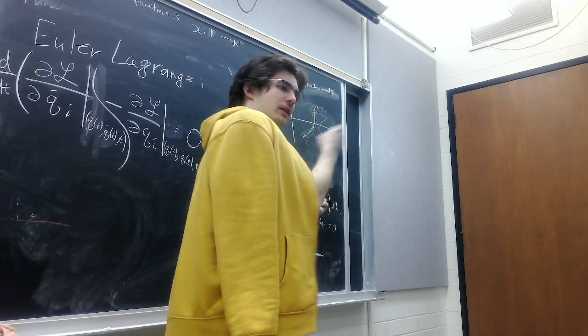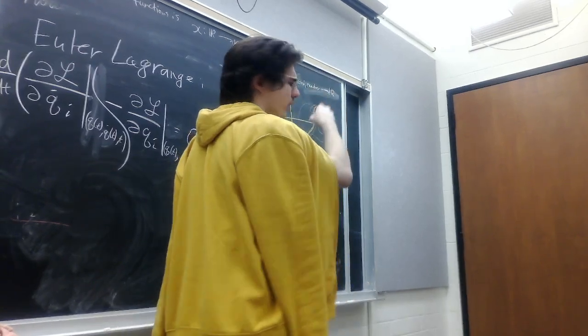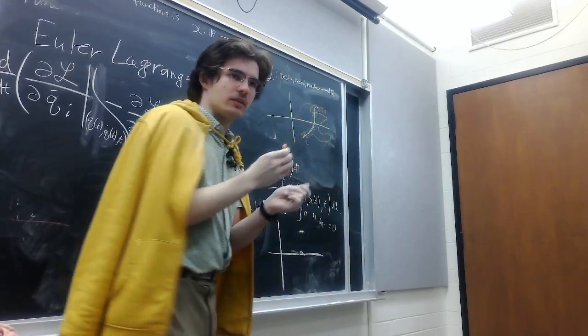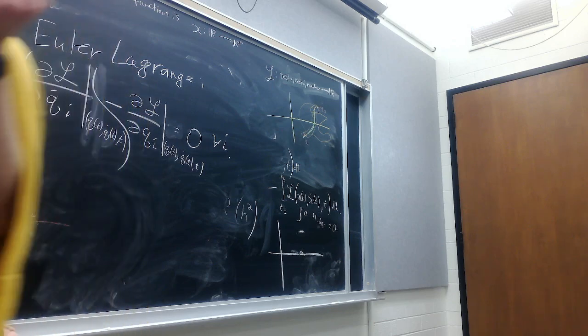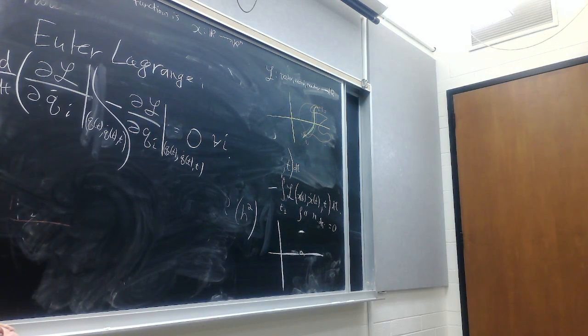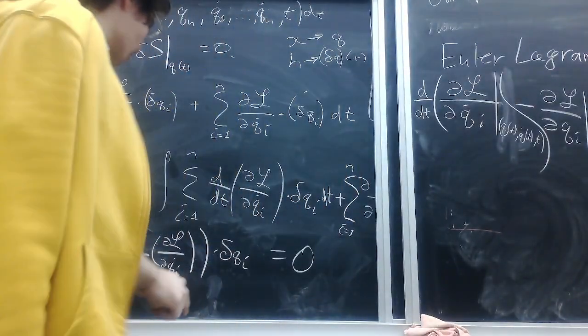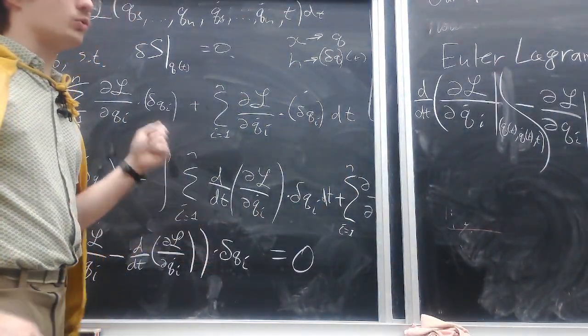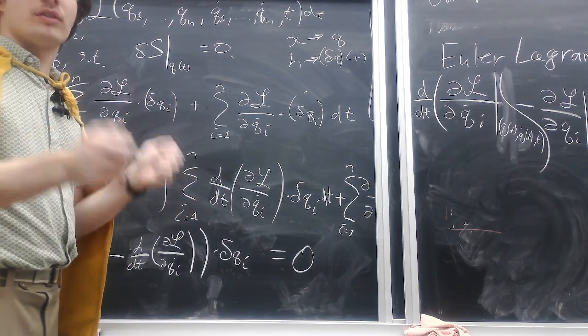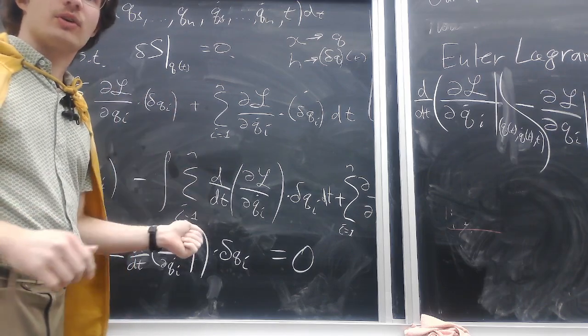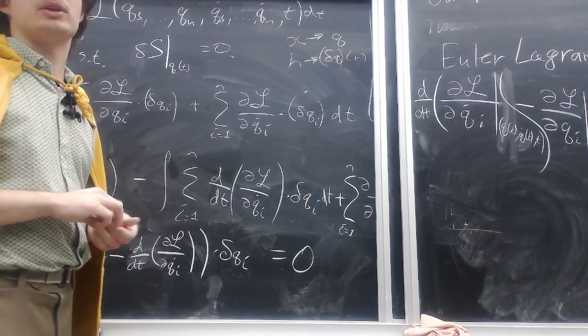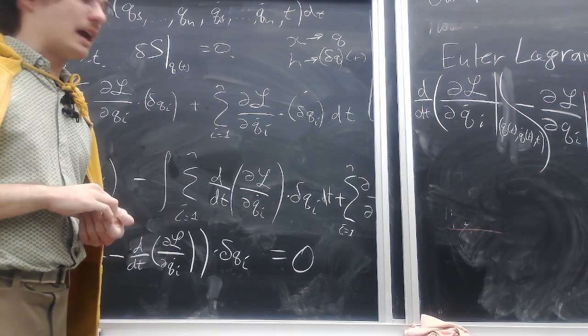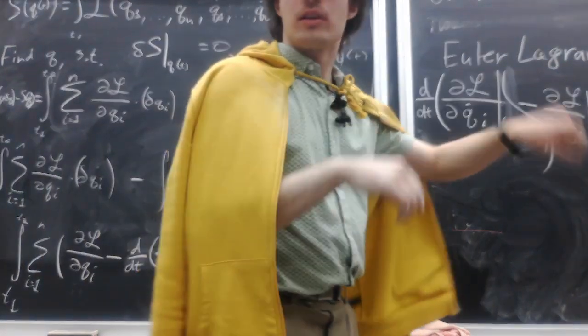I can choose how much I vary stuff in the x direction independently of how much I perturb stuff in the y direction. Do you agree? So this means that I can, for example, choose delta q1, delta q2, all of them up until the last one to be 0, and then only set the last one to be non-zero. And then I apply this argument with the little bump.